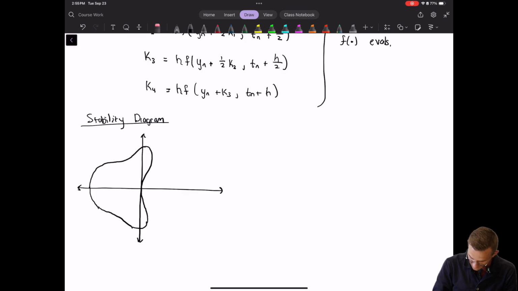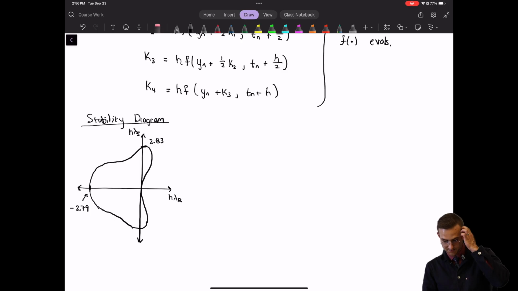Okay, and then this value up here on the y-axis where it's crossing is 2.83, and then the value at which it's crossing the x-axis is minus 2.79, and remember we're plotting h times lambda r and h times lambda i is equal to those values. Okay, and it's stable for the interior of that shape.